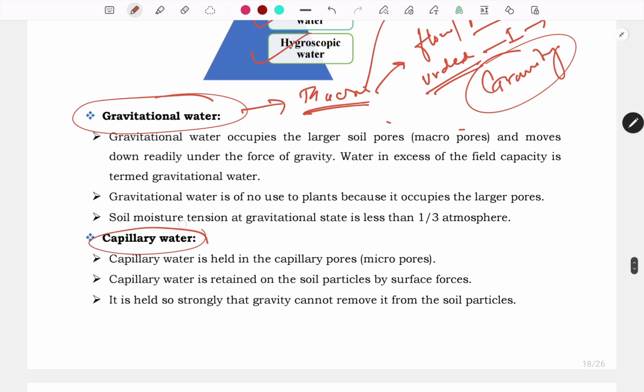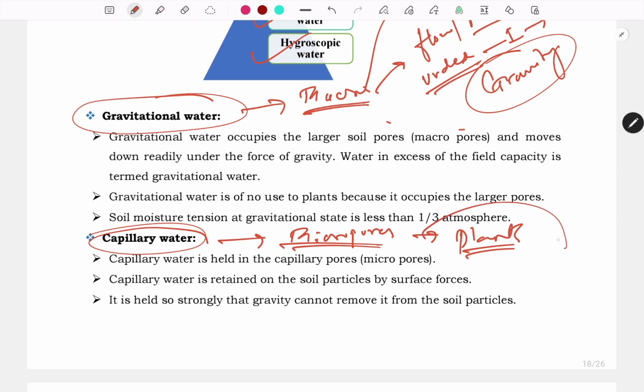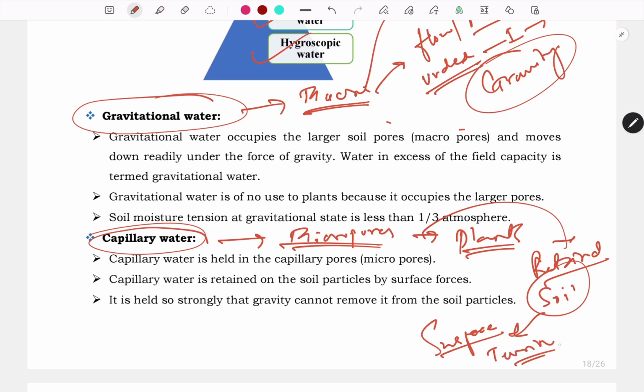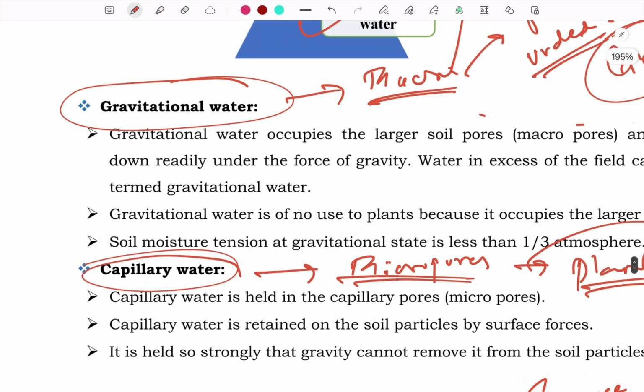The next one is capillary water. It is mainly present in micropores, and this water is used by the plants, because it is retained by the soil by surface tension. And it is useful for the plant. I forgot to mention one more word here.